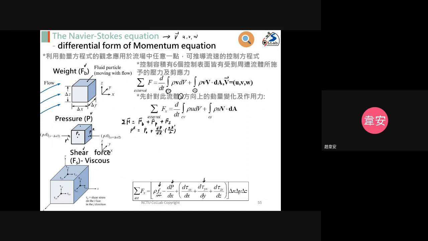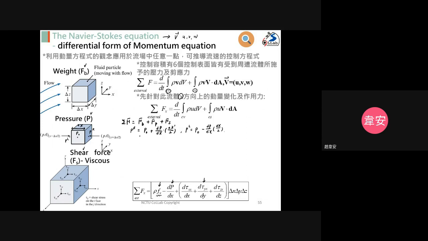Okay, because the total length along the x direction is delta x. And then the pressure left is equal to P0 minus dP/dx multiplied by delta x divided by 2.